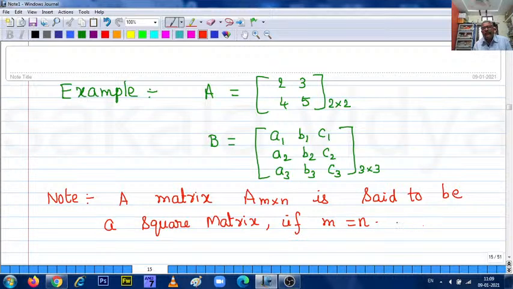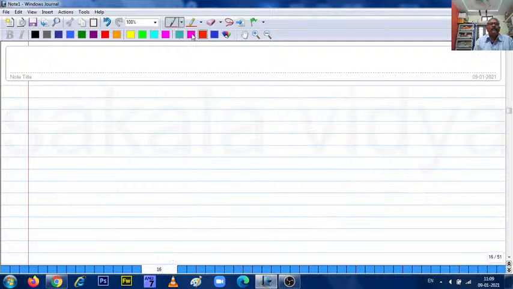If m does not equal n, that is a rectangular matrix. Yes, in the morning class you might not have seen, Pavan Sai, I explained lots of shortcuts. Here also I will discuss shortcuts. So now go to the third one.